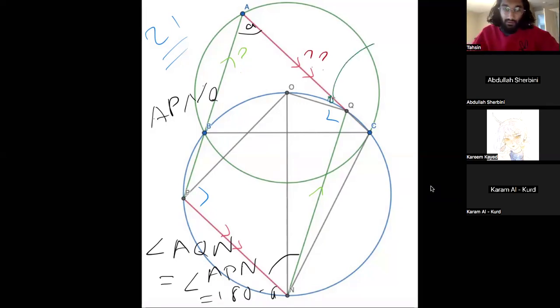There's this angle here, and we want it to be 90 minus A, and this other angle also 90 minus A. So these are the two angles we want, and we want them both to be 90 minus A. Does that make sense?